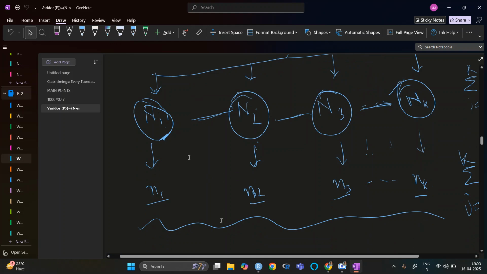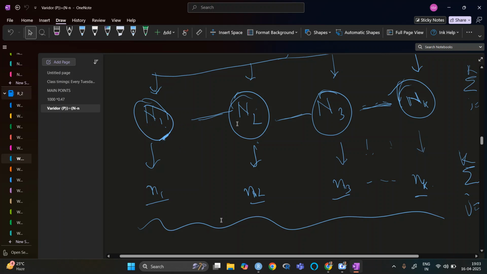What matters is that within a strata there has to be homogeneity, and between the strata there has to be heterogeneity. Homogeneity means everything is almost the same, similar.